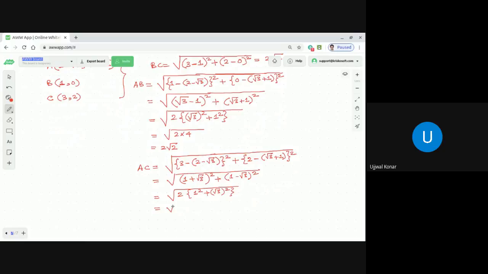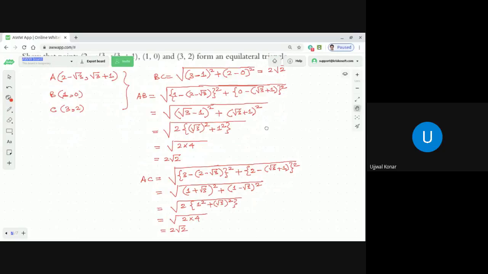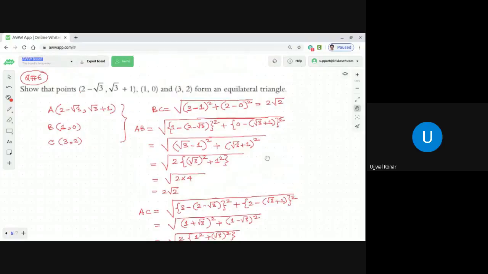So that is equal to square root of 2 into 4, since 1 plus 3 is 4. So that is equal to 2 root 2. So as AB is equal to BC is equal to AC, the triangle ABC is equilateral.